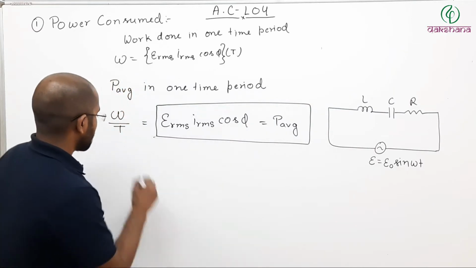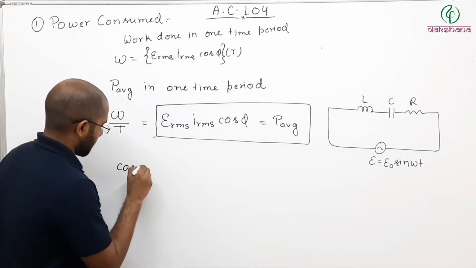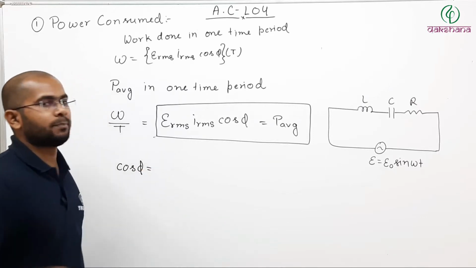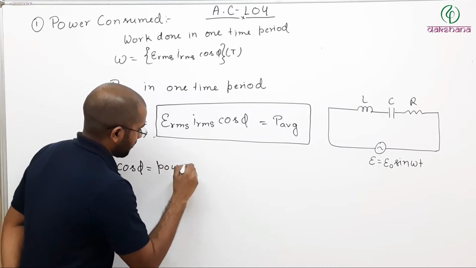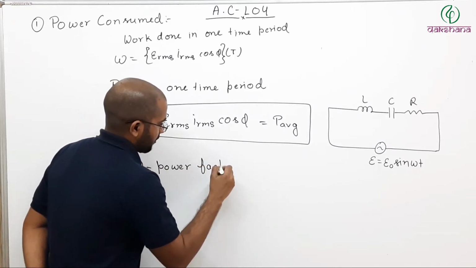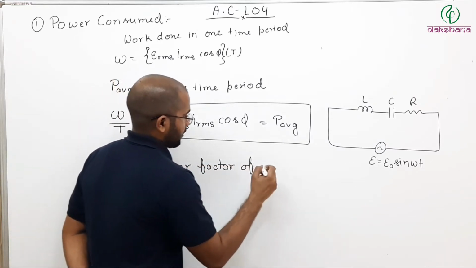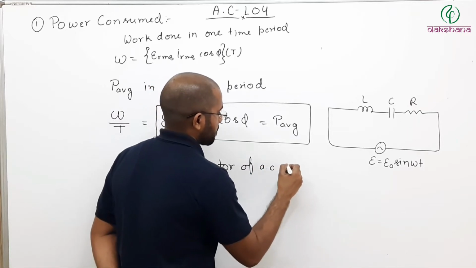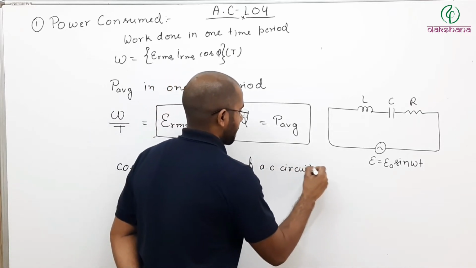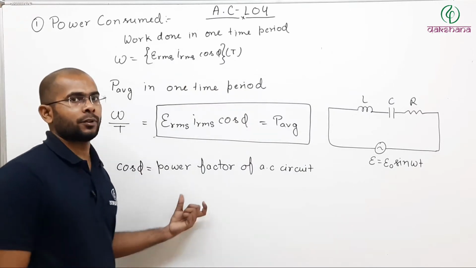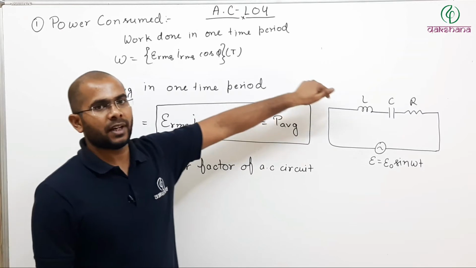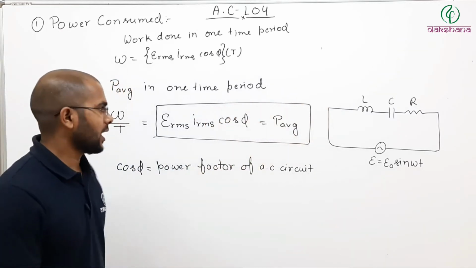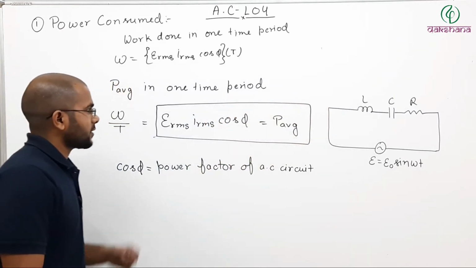Now here cos phi is called the power factor of the AC circuit. You can find the cos phi value from tan phi equal to XC minus XL divided by R.